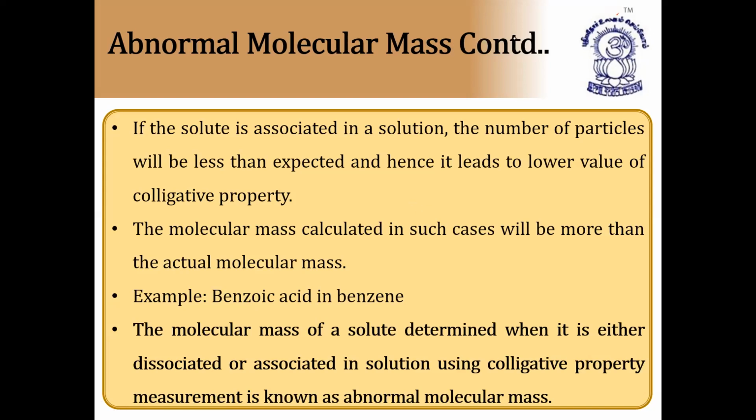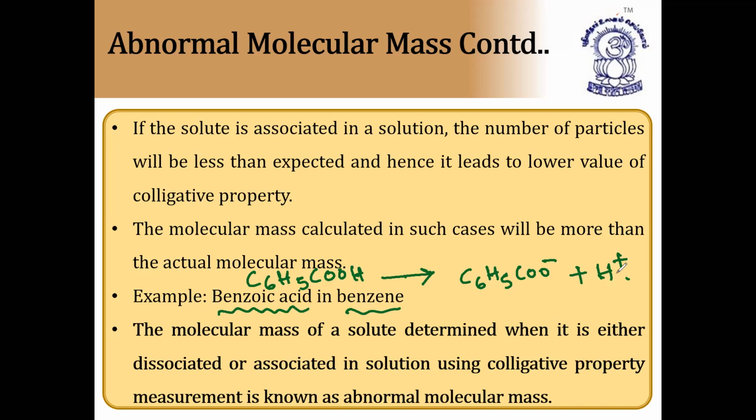C6H5COOH. So when benzoic acid is dissolved in benzene, what happens? C6H5COOH is benzoic acid. When it dissolves in benzene solution, it gives rise to C6H5COO minus and H plus. So these ions we have to consider, and that is why we are getting abnormal molecular mass.